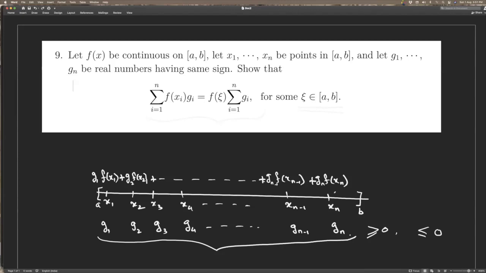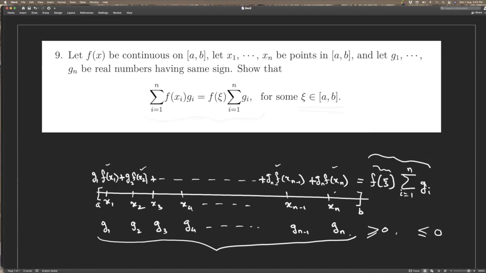Then what happens is, out of all these f values, you can just find a xi such that you can just pull this number f of xi out of your summation of gi, right? So this is what it says.